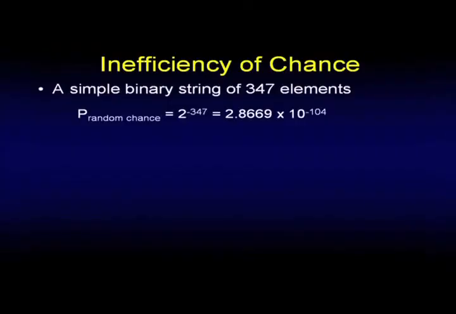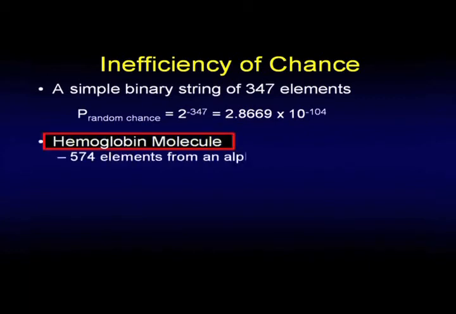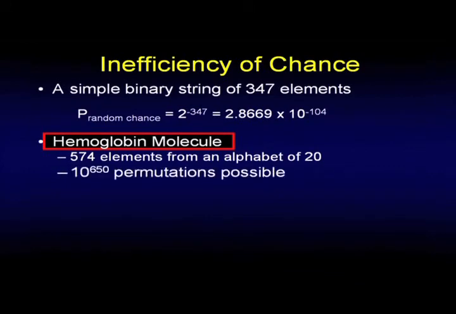Now, chance itself is pretty inefficient. Say this just happened by evolution, just randomness. Well, the probability of random chance of 347 beads being black and white, we said, was 10 with 104 zeros after it, right? A hemoglobin molecule has 574 elements from an alphabet, not of 2, but of 20. There are 10 to the 650th power permutations possible.